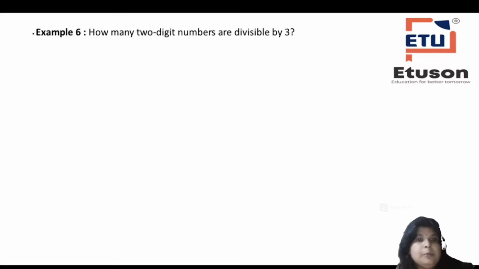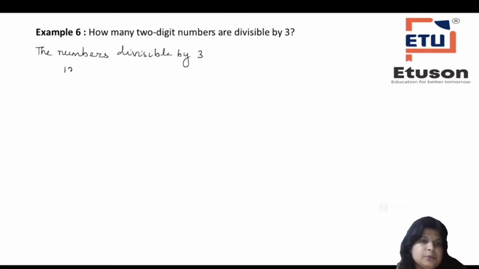Now, how many two digit numbers are divisible by 3? If you consider the two-digit numbers divisible by 3, for two digit, it starts from 12 and it ends with 99.